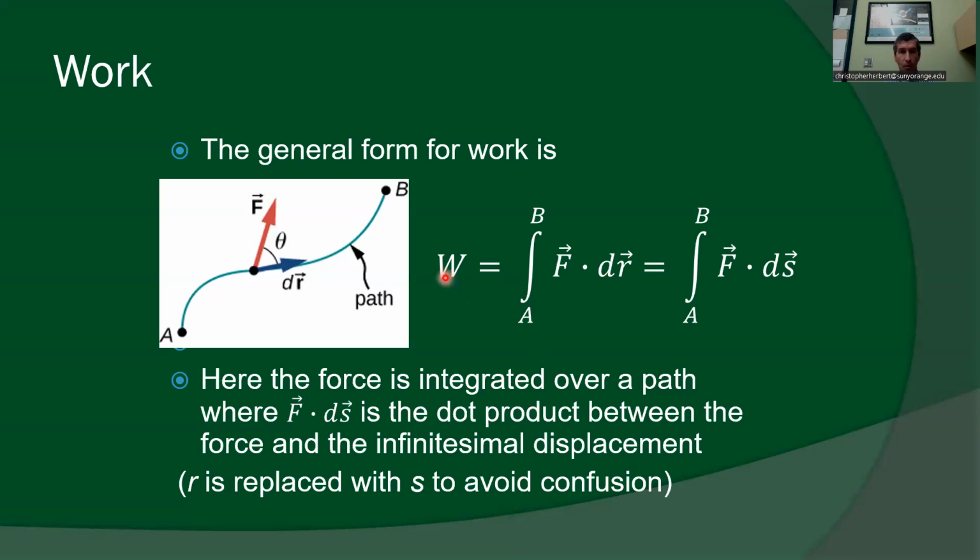Now, remember work. Work, due to a conservative force, is equal to F dot dr. If it's a conservative force, it's path independent.